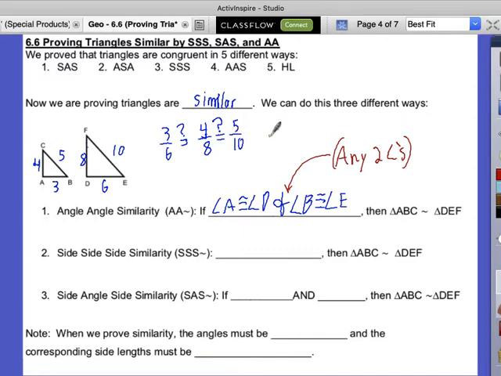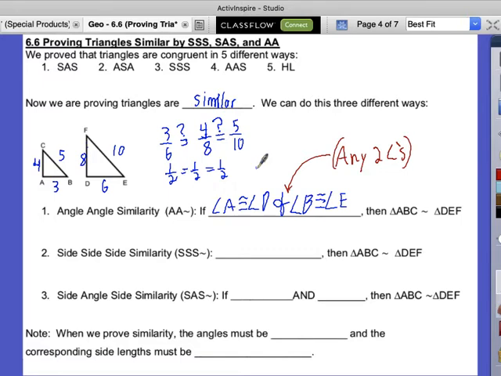Now, do these all equal each other? Does 3 over 6 simplify to 1/2? Does 4 over 8 simplify to 1/2? Does 5 over 10 simplify to 1/2? They all simplify to 1/2. So these sides are all proportional.